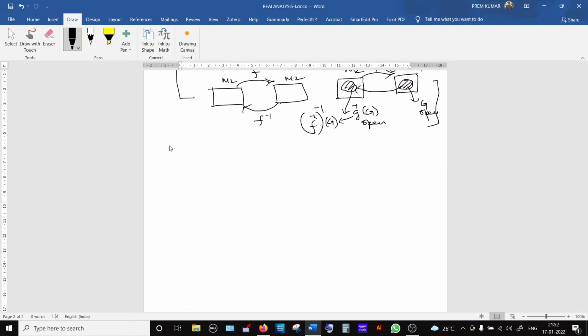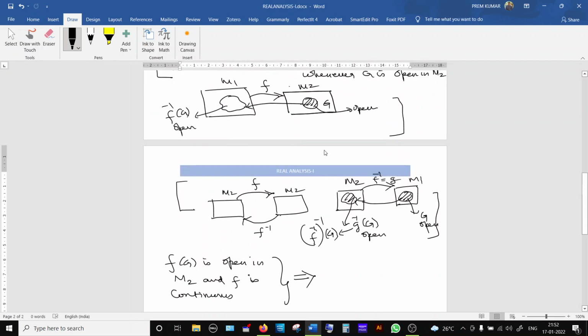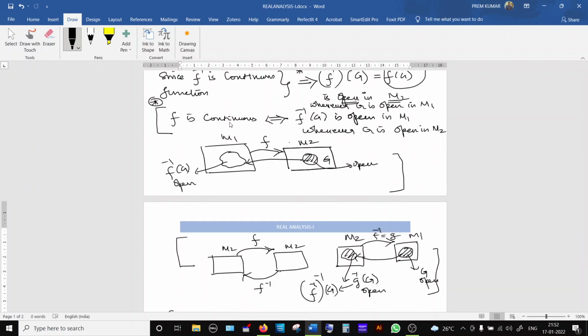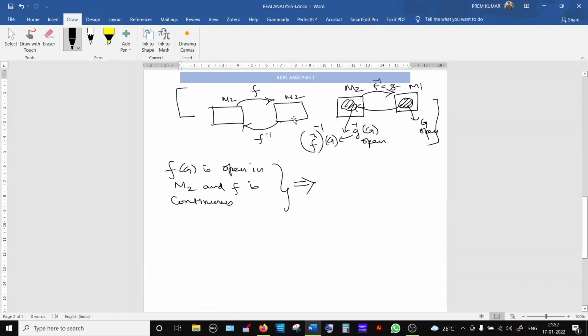So now I am going to start with this: f of G is open in M2 and f is continuous. This implies, and we are going to use the same result star again, I will explain here.